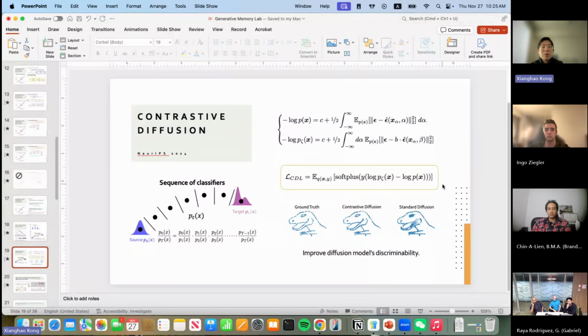Yeah, that's right. The aim here is that we use the CDE loss function to train a model, or fine-tune a model. Actually, we train from scratch to see if we can enhance the density estimation capability of the diffusion model. So that's the reason why we propose this CDE.